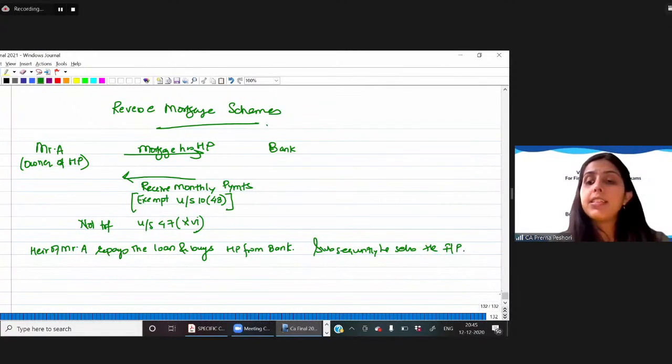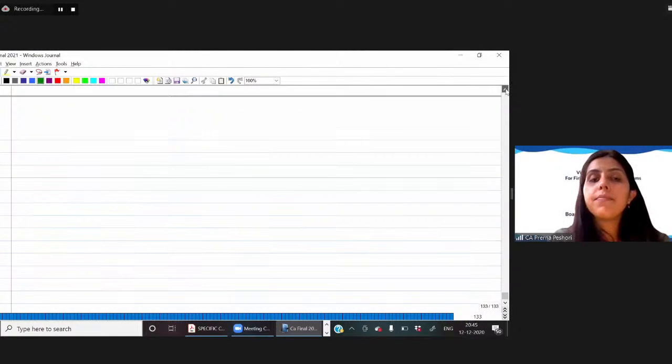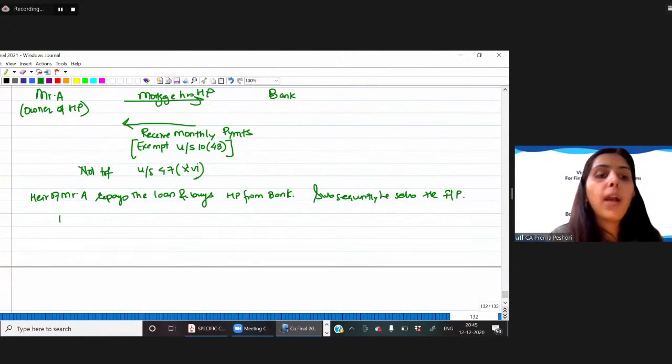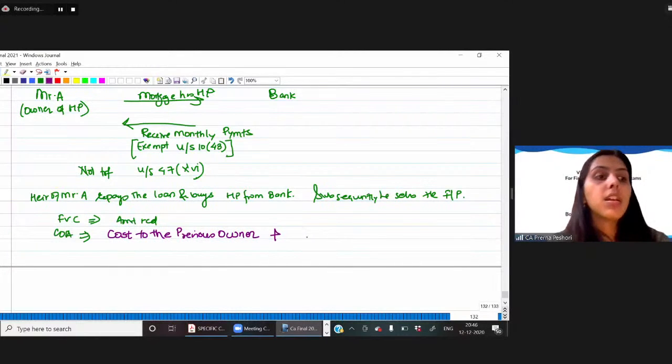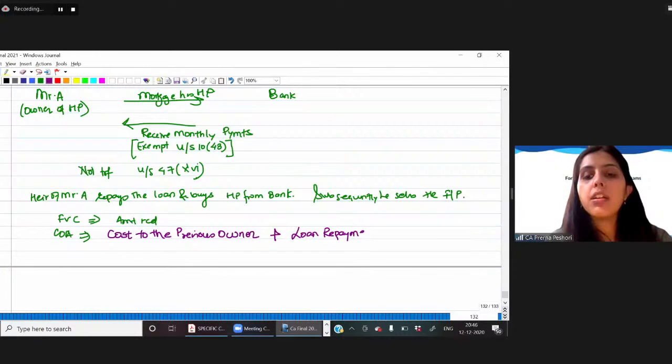In this particular case, how will be the computation? Full value of consideration will be the amount received. Cost of acquisition will be the cost to the previous owner plus loan repayment, the amount you have paid to free that house property. Clear?